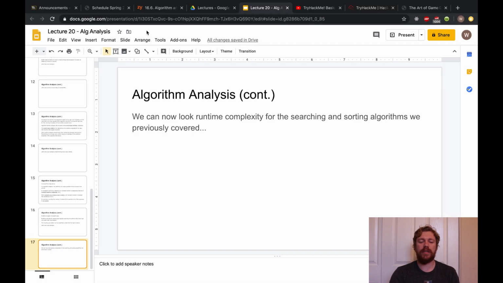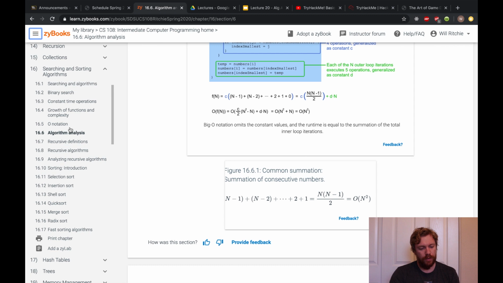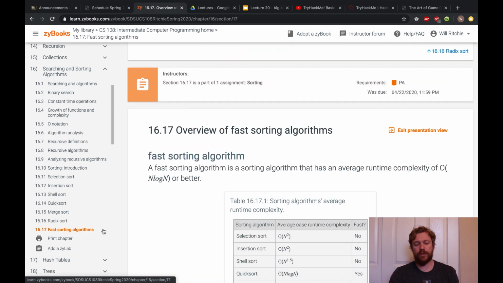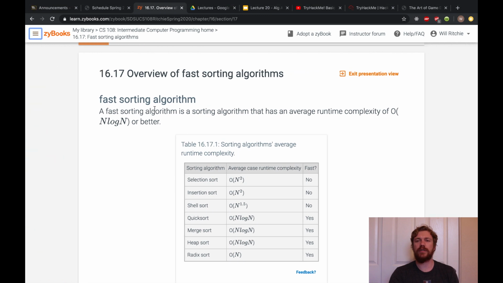We already saw the searching algorithms' runtime complexity. We saw linear search was big O of n, and binary search was big O of log n.